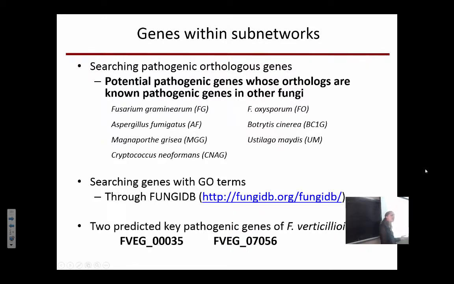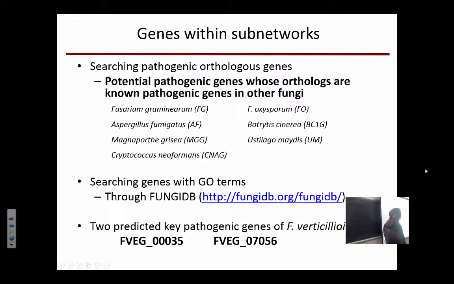Now, we did one last thing in order to further validate our subnetworks, which is we looked at the genes within the subnetworks and then used FungiDB to look up the GO terms. And so what we wanted was for each of the members of the subnetwork to have similar GO terms.